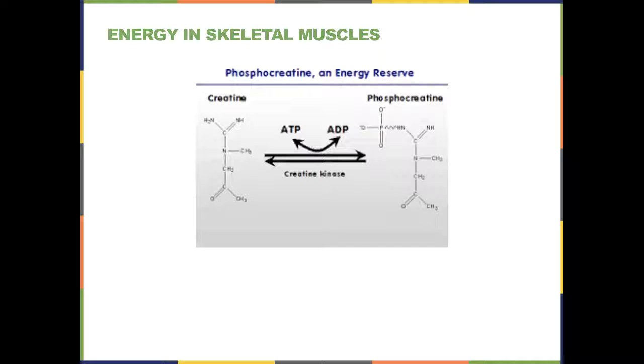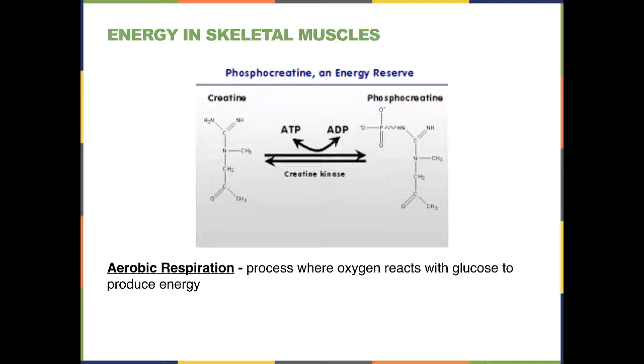When we talk about the energy situation for muscles, we have to talk about something known as creatine phosphate. First of all, most of the energy that occurs in muscles occurs in the presence of oxygen and therefore is called aerobic respiration. This is where oxygen reacts with glucose to produce energy.